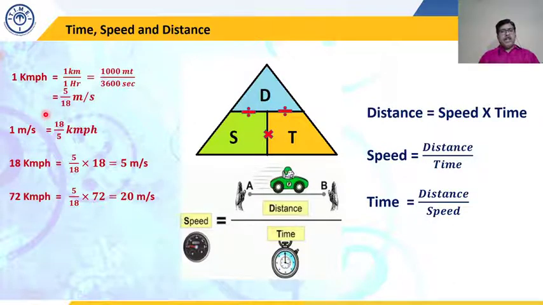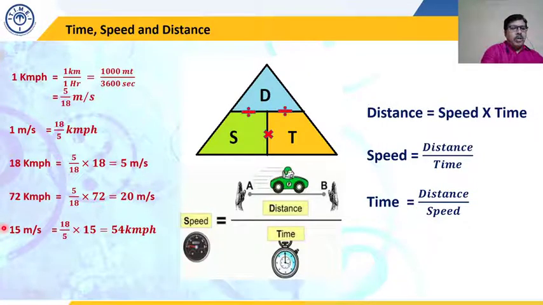All right. Similarly, if I say 15 meter per second, this time you are going to convert meter per second into kilometer per hour. So 15 meter per second is basically 18 by 5 into 15, which is 54 kilometer per hour.